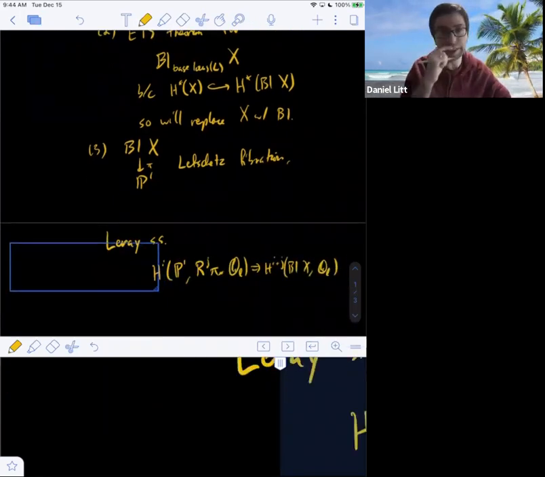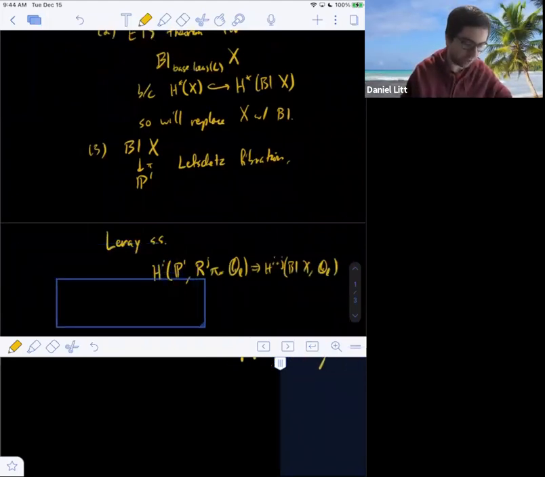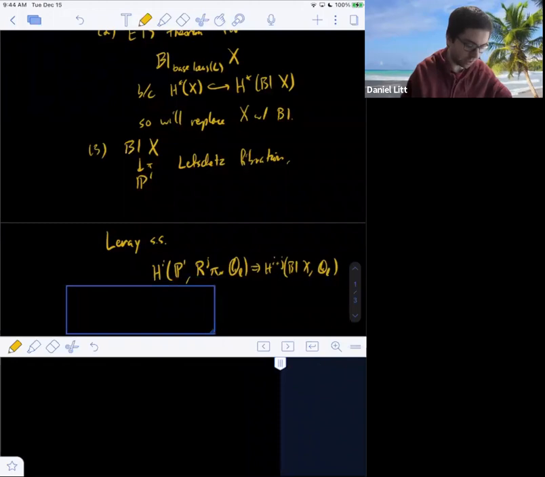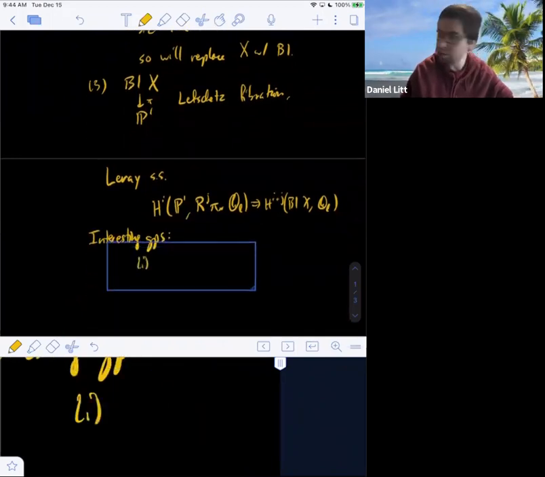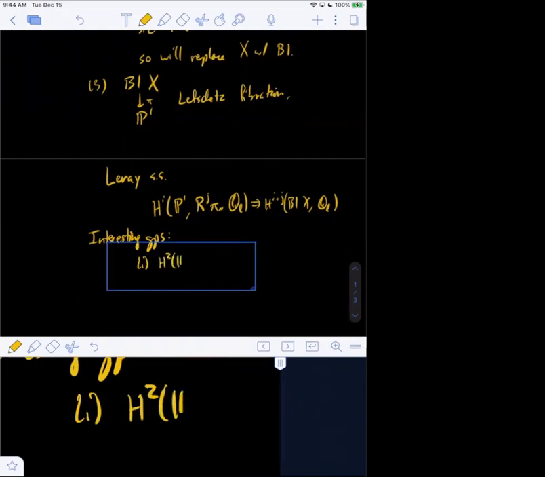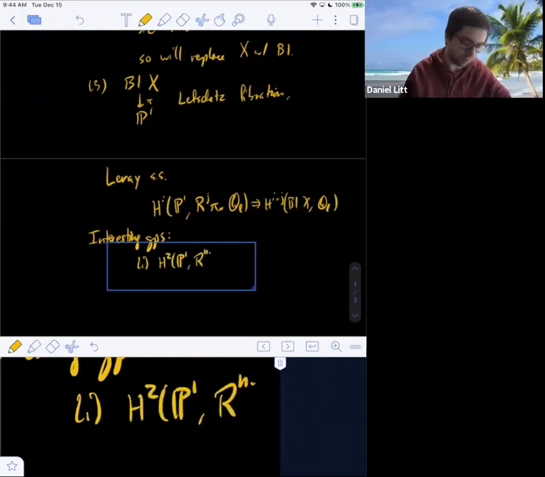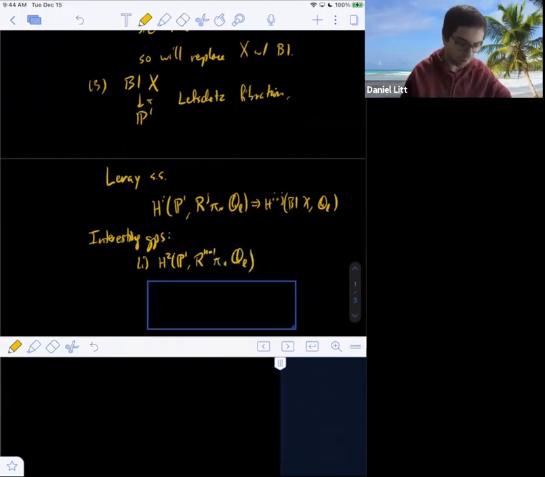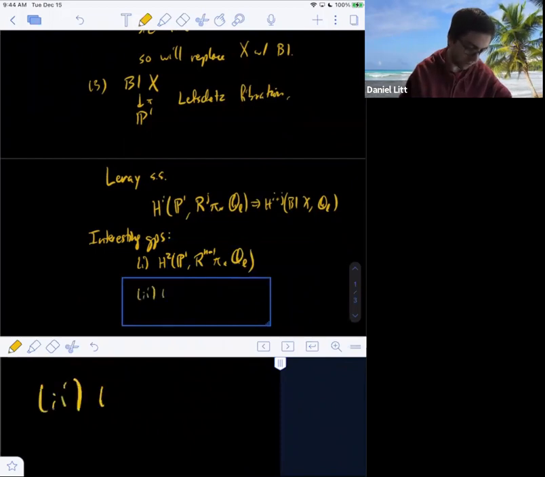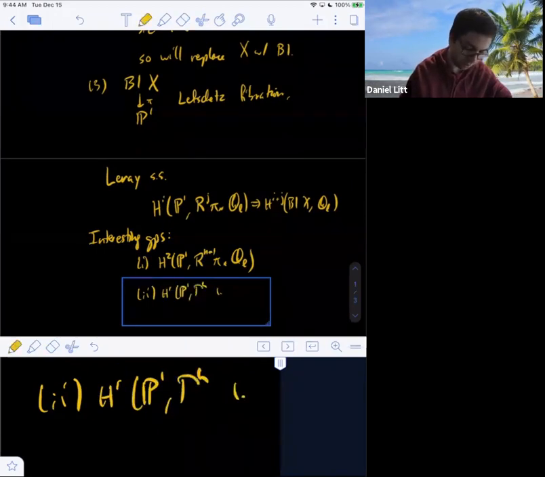Okay, so there are going to be three interesting cohomology groups here to study. First of all, H^2 of P^1 with coefficients in R^{n-1} pi lower star Q_l. Second, H^1 of P^1 with coefficients in R^n pi lower star Q_l.